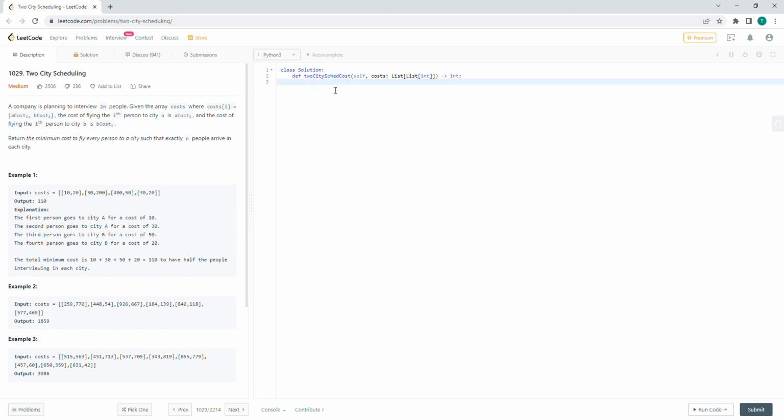So first thing we want to do is sort the costs. Not just sort, but how we're going to sort it. So this is a bit tricky. We want to sort the array right here, and we're going to use a lambda value.